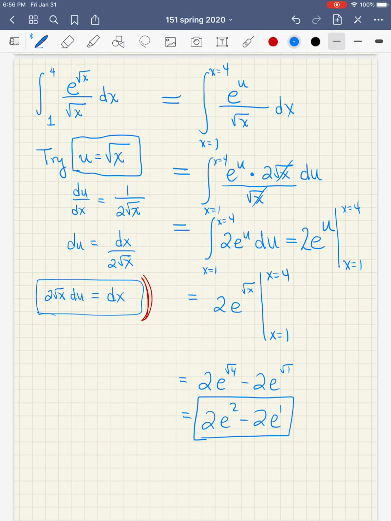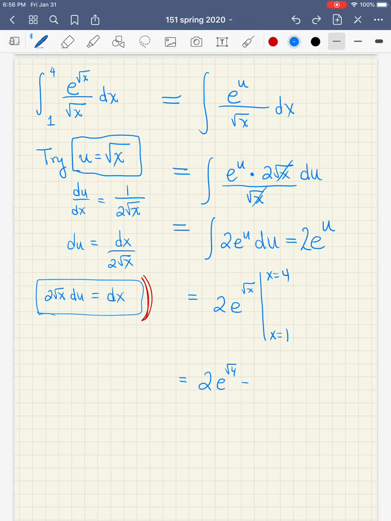Let's see if we can get that answer by changing the bounds of integration in terms of u instead of x, and see if that's any different. So I'm going to go back some stages and erase everything we've got. And I want you to think about, and maybe even pause the video here, and say, if we know that x goes from 1 to 4, then what is u doing?